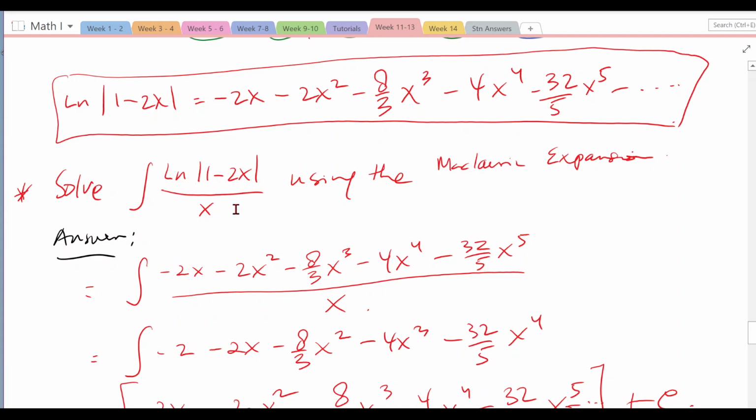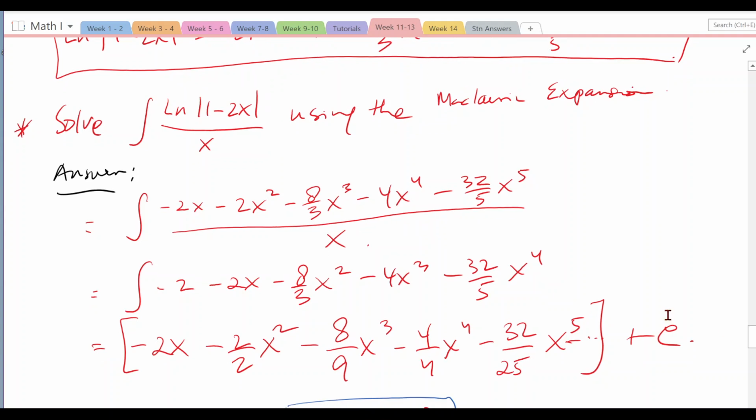Then you divide all of those terms by x, and you end up with the integral of negative 2, negative 2x, negative 8 over 3 x squared, negative 4, and so on. After you divide one by one with x, you only end up with the integral of all of these terms.